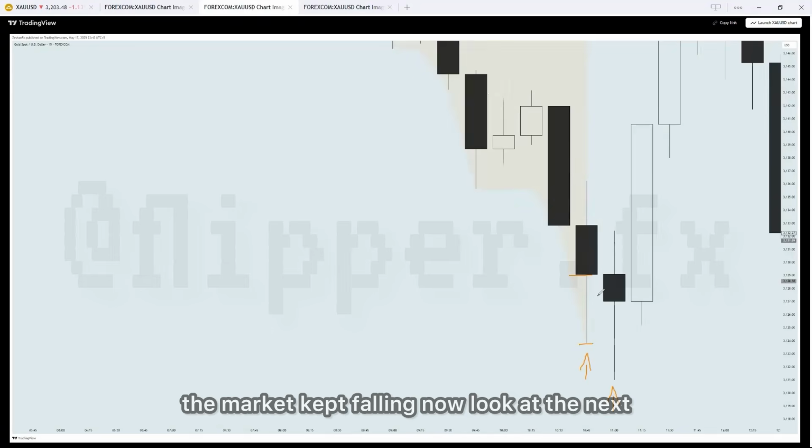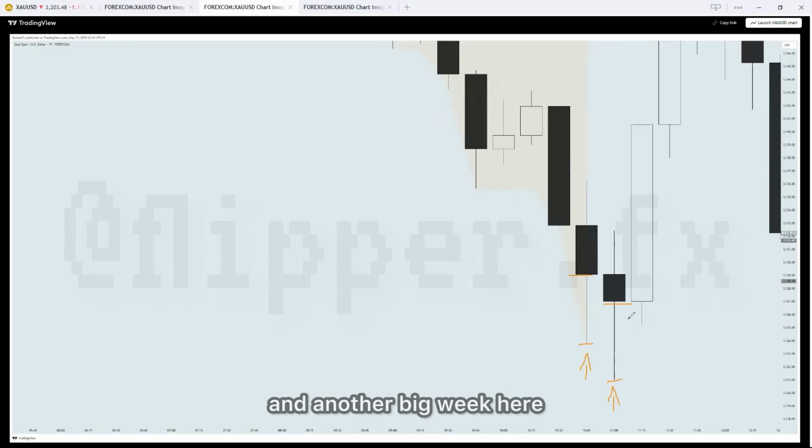Now look at the next candle. The sellers are getting weak. They are failing to control the market. Then look at the next candle. There's a big wick here and another big wick here that clearly shows sellers are losing their strength. Now focus on this candle.